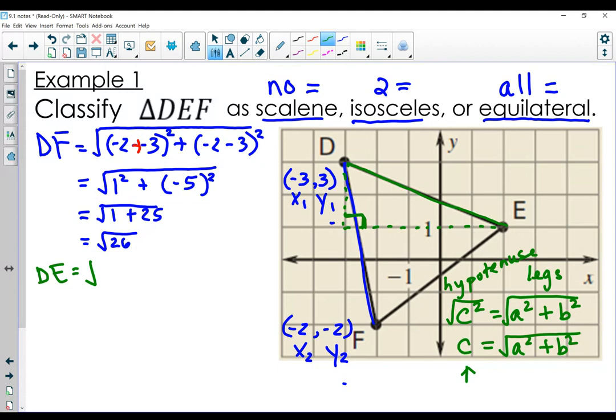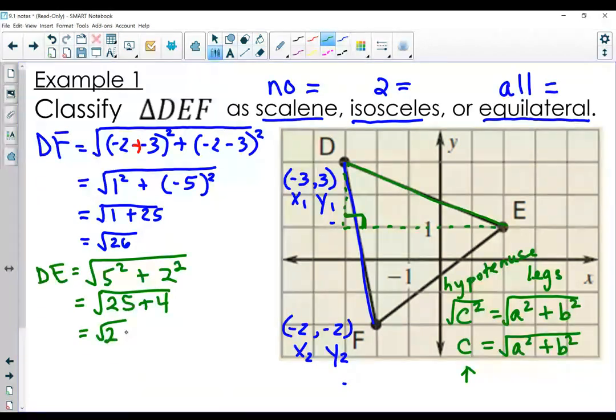Instead of subtracting to get that difference, I can just count them. So I'll have square root of 5 squared plus, and then the other leg, which is the y side, that's going to be 2 units long. So 5 squared plus 2 squared. So we'll have the square root of 25 plus 4, which is the square root of 29.